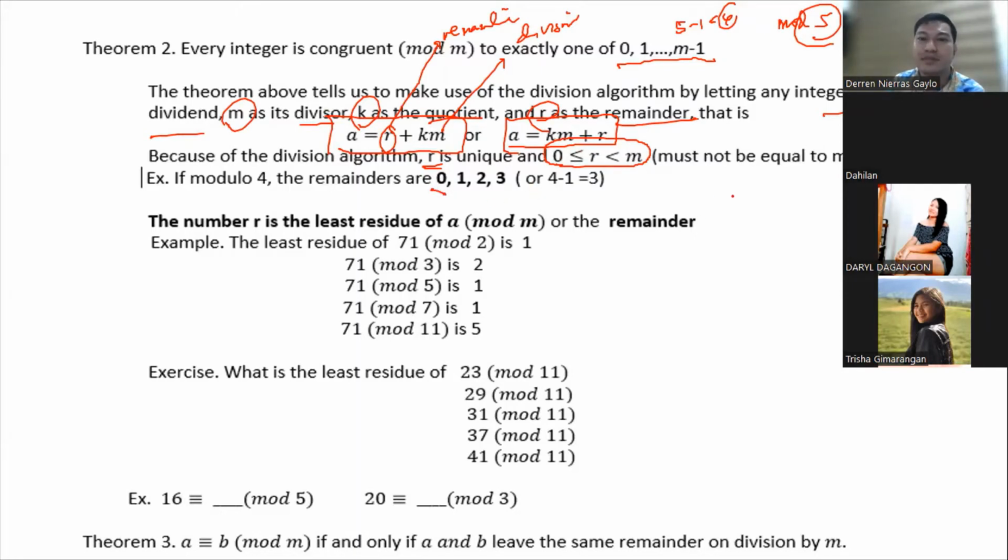For example, if you have modulo 4, when you say modulo 4, it's divided by 4. So the remainders in modulo 4 are 0, 1, 2, 3.